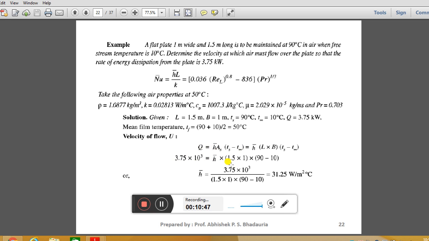The surface area is length into width, so 1.5 into 1, multiplied by Ts minus T infinity, where Ts is 90 and T infinity is 10. You put in the values, and the only unknown is h bar, the convective heat transfer coefficient. So it is 31.25 watt per meter square degree centigrade.